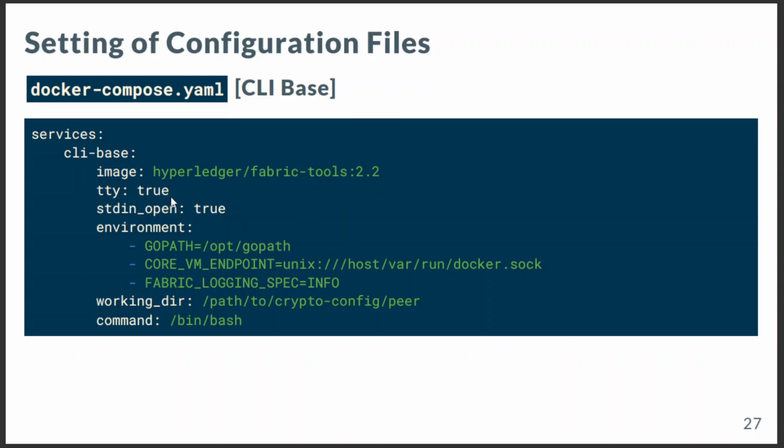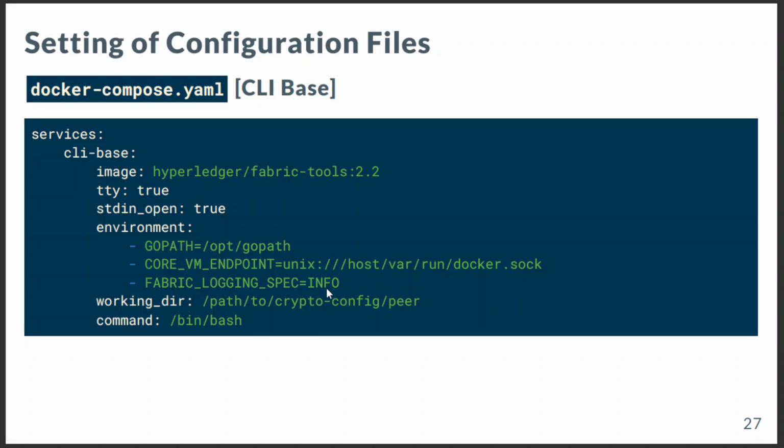TTY true, of course we have to enable shell. STDIN open true, of course standard in we have to enable. Environment GOPATH: because we will be installing smart contracts, we have to set the GOPATH for the smart contracts to be installed. Then the core VM endpoint, of course, and the logging spec INFO.